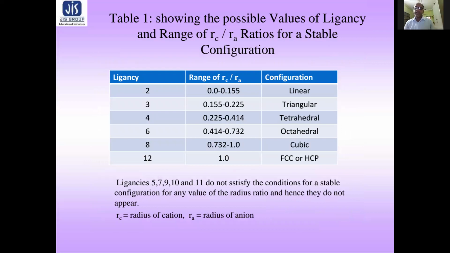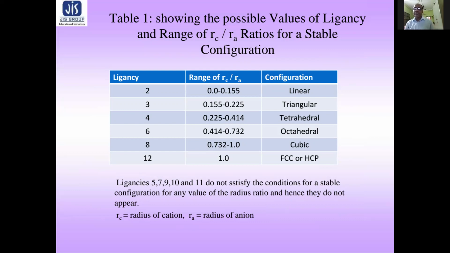So this table number one shows possible values of ligancy, that is coordination number, in ionic solids, and the ranges of Rc by Ra ratios for a stable configuration. First of all, if ligancy is 2, the range of Rc by Ra varies from 0 to 0.155, and the configuration is linear.